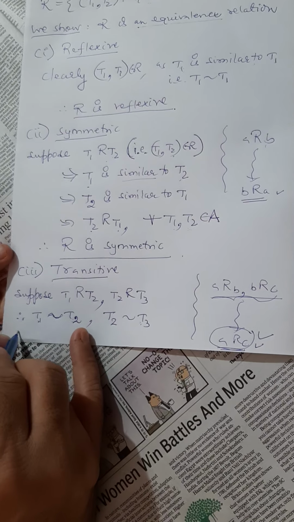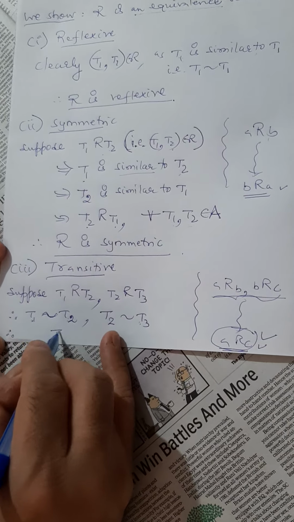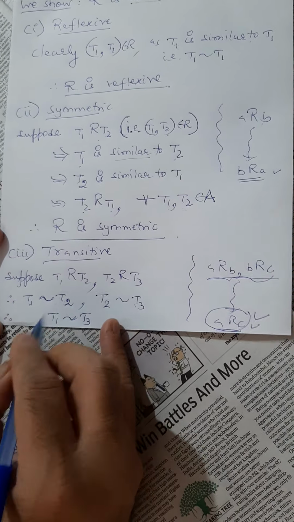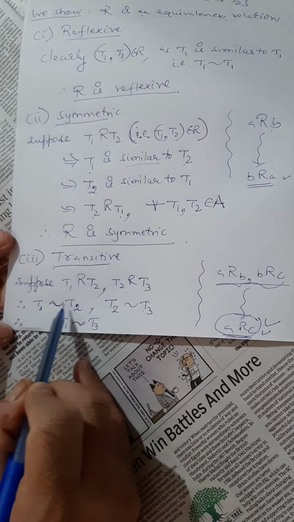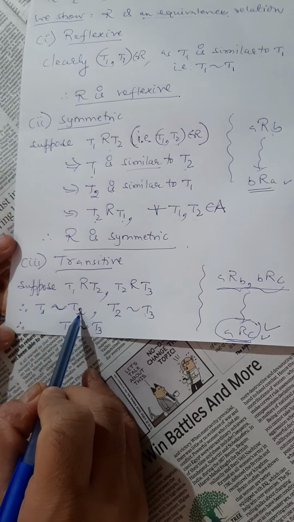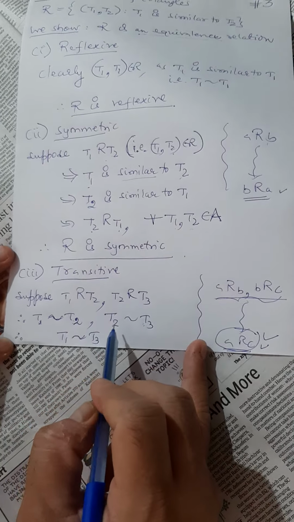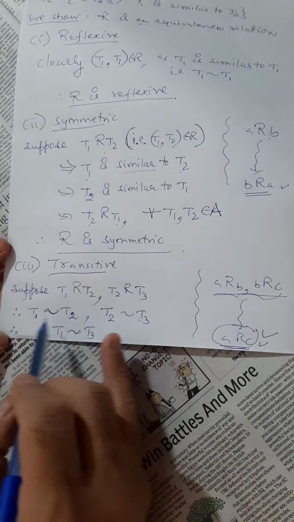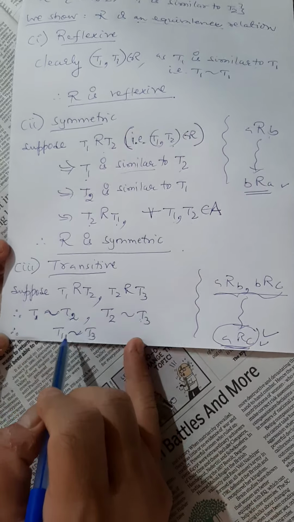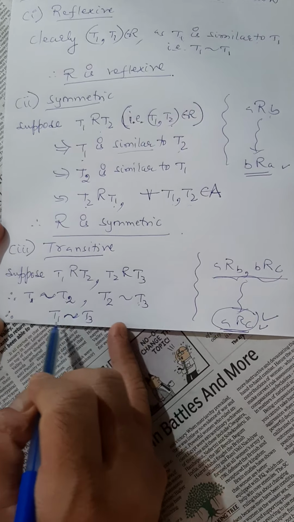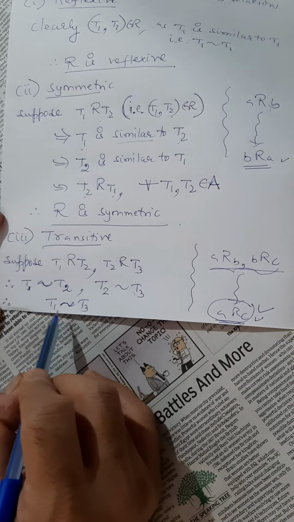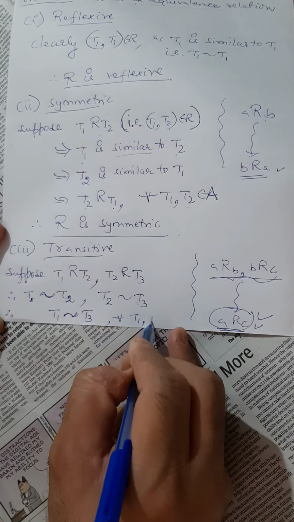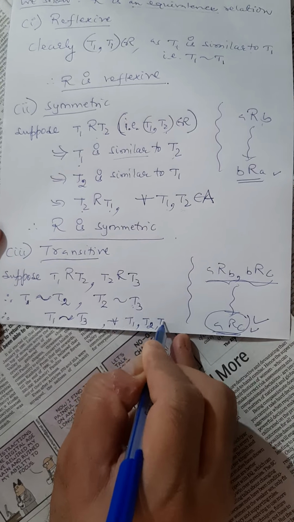So from this you can say that T1 is similar to T3. This is always true. If the ratio of corresponding sides of T1 and T2 is, for example, 2, then the ratio of T2 and T3 would be something else, for example. Then again the T1 and T3 ratio remains the same. This is always true, remember. And this is true for every triangles T1, T2 and T3.